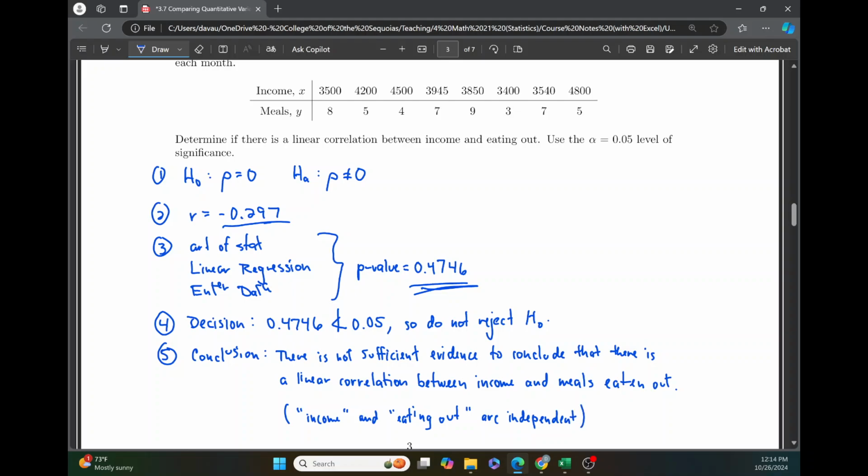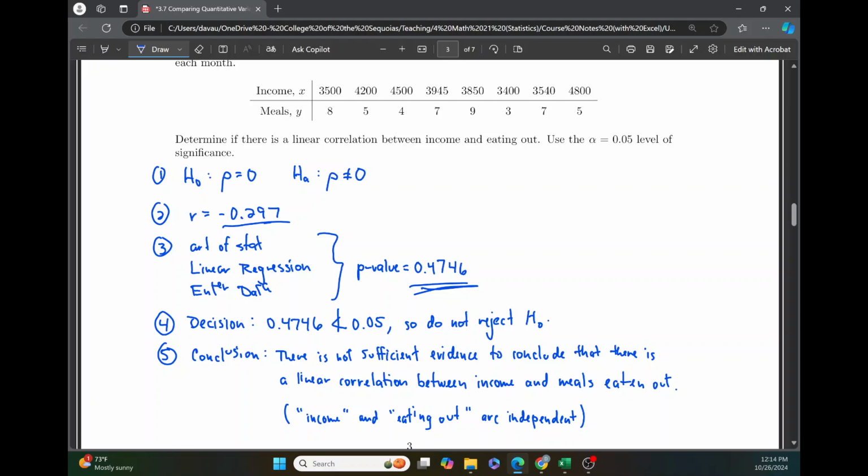That isn't officially how we would state that conclusion. I mean, really, we would say there's not sufficient evidence to say that income and eating out are dependent, right? But that sort of implies that they are probably independent variables. That is, they have nothing to do with each other. So apparently it doesn't matter how much money you make.